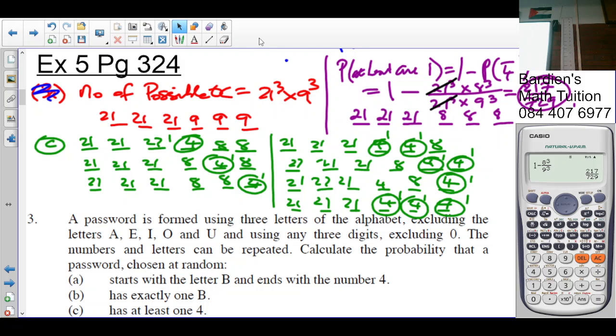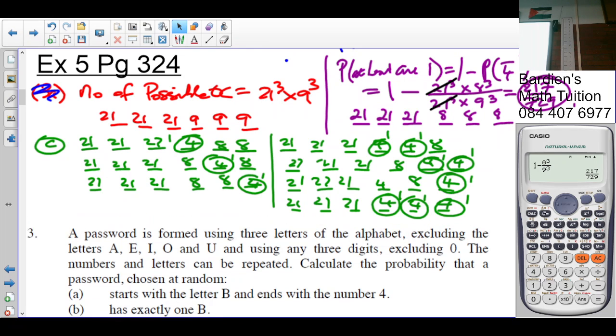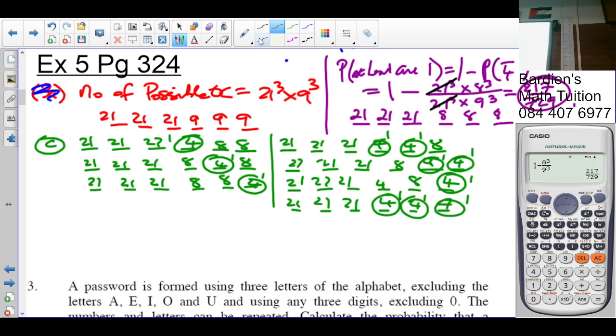Otherwise, if you really wanted, you could have done it the long way, for these 3 calculations. So your number of favorable outcomes would be 21 cubed times 1 times 8 squared, no? Plus, this was 1 four.